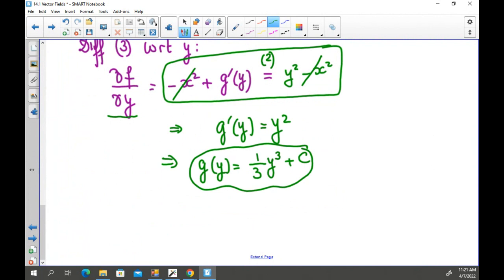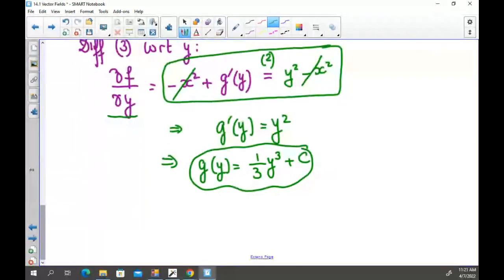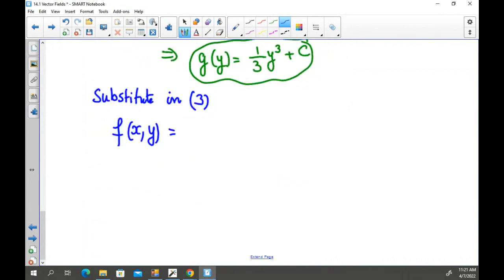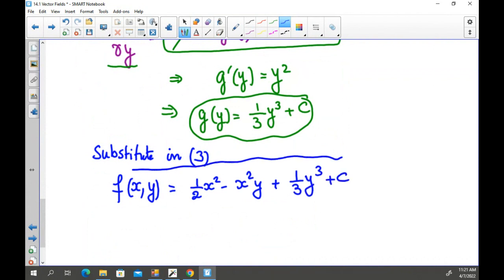And we take this now and substitute it in equation 3, and you will find your potential. So if we go to 3, half of x squared minus x squared y plus one third y cubed plus a constant.